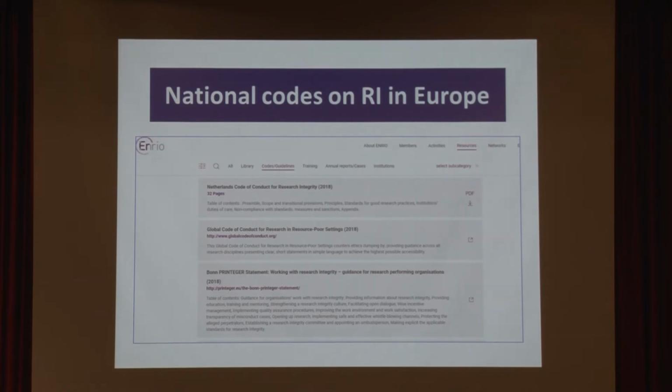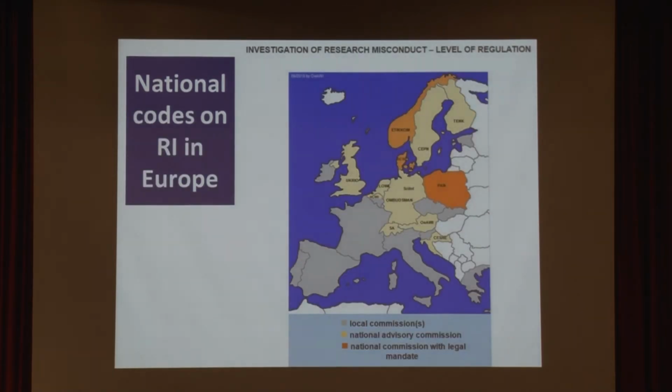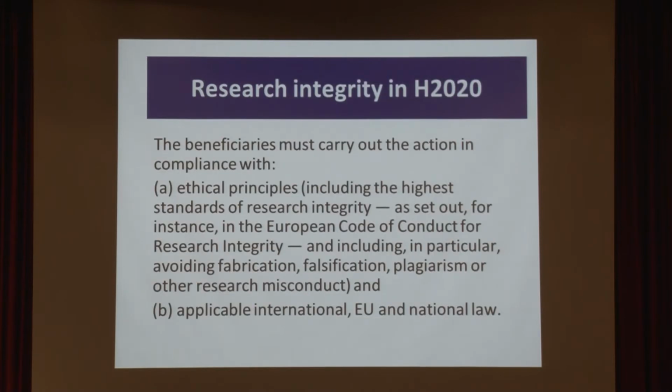What are the rules and standards for behavior in research? And when you look at whether they have local or national commissions, you have, again, a variety of different experiences. As I said, in Norway, Denmark, and Poland, you have national bodies that have all the legal rights to, I don't know, take away your PhD thesis or retract the paper. And it's not dealt with locally at the level of the institution.